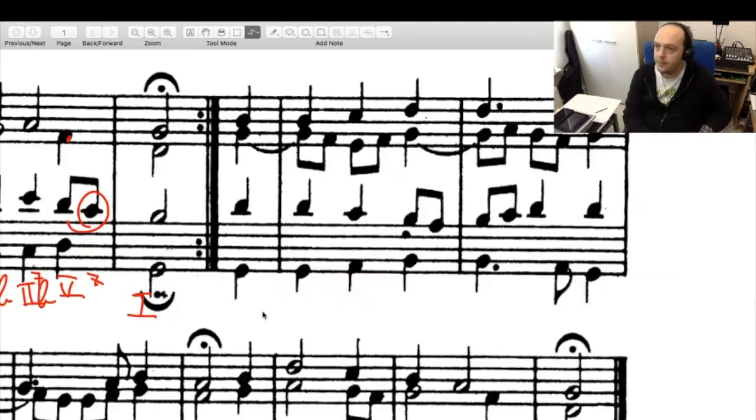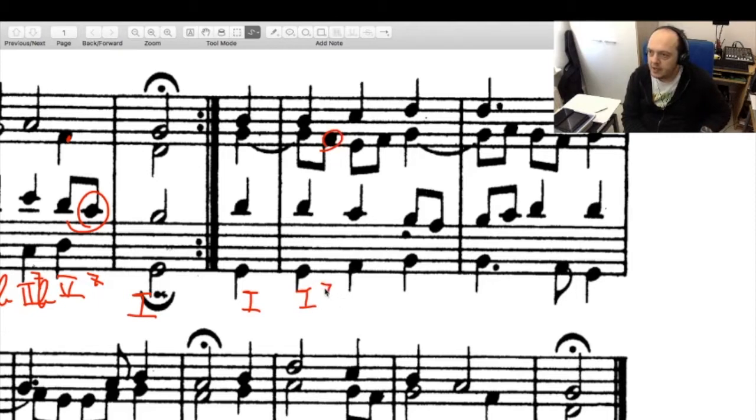Okay, let's see what happens. So, 1. The next phrase also starts with chord 1. Alto does da da da da da. Nice bit of movement for the alto also. Chord 1, there's a passing 7.